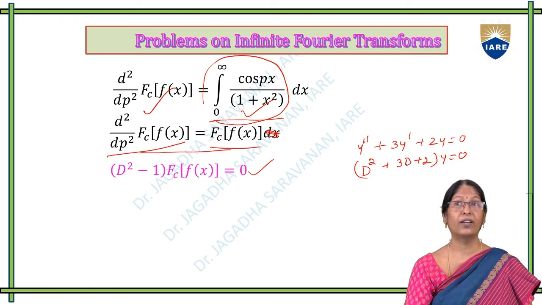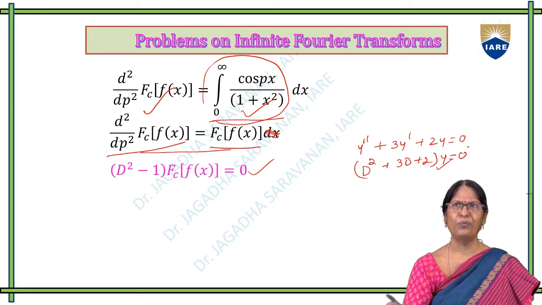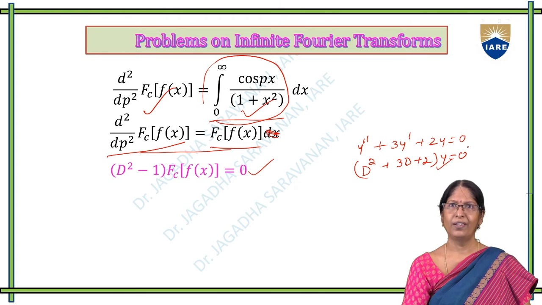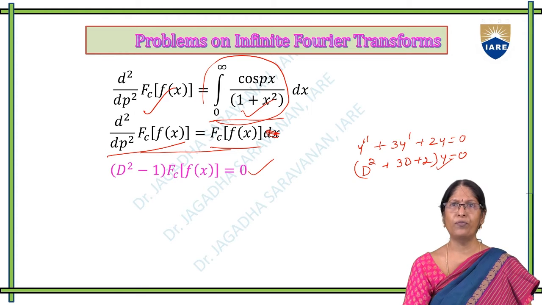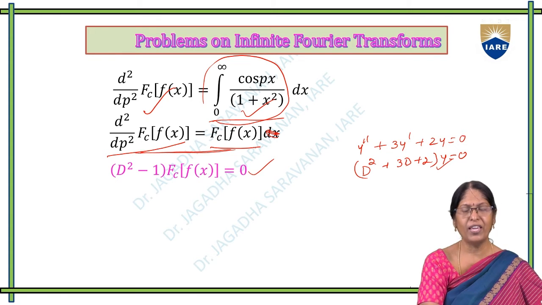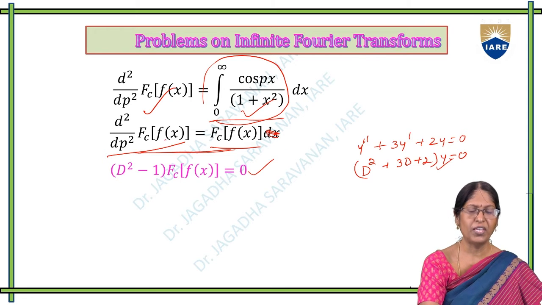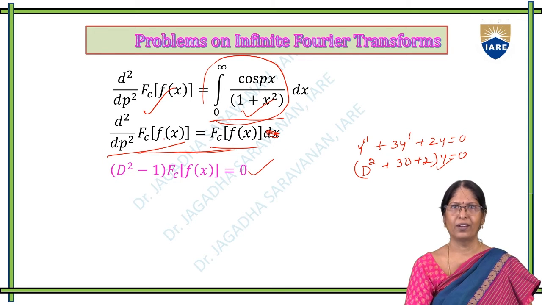We will find auxiliary equation, complementary function, then general solution, we will find it. That is in terms of y we are habituated. Here we are doing Fourier cosine. That is the differential equation in terms of our fc of f of x.